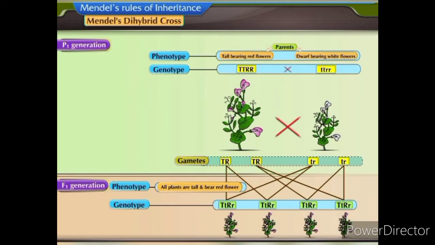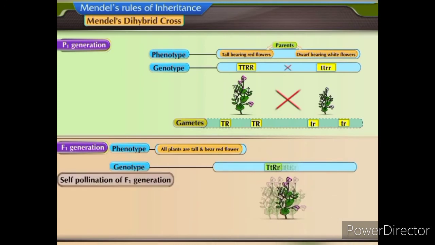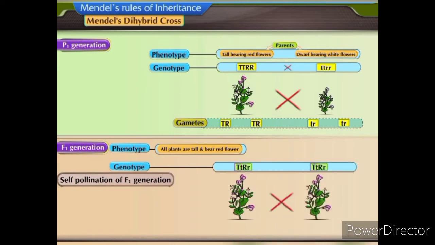F1 generation of plants have genotype Tt Rr. The F1 generation is then self-pollinated, that is Tt Rr cross Tt Rr. F1 generation of plants produce 4 types of gametes each, TR, tR, Tr, and small t small r.